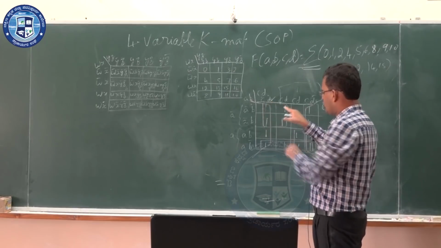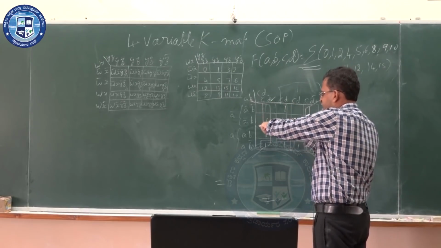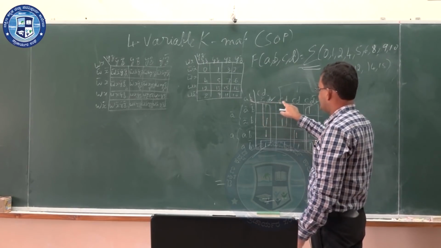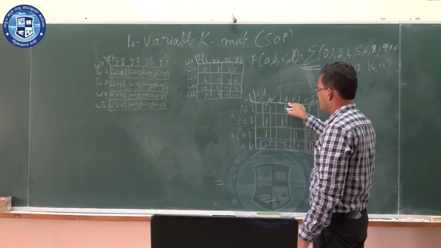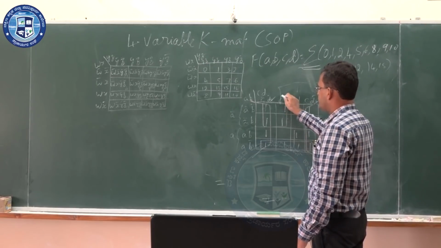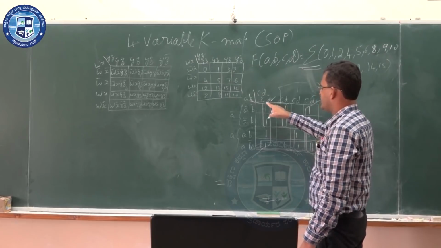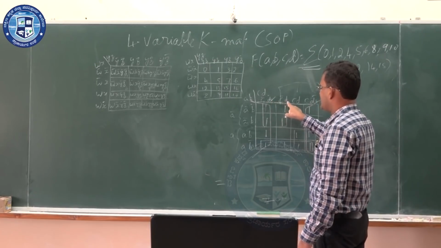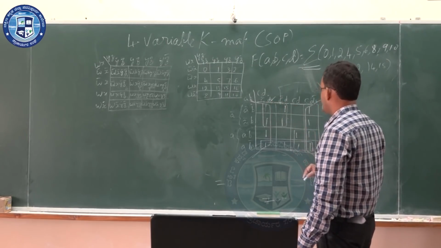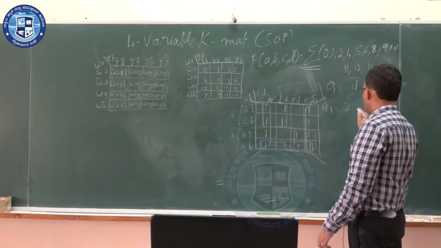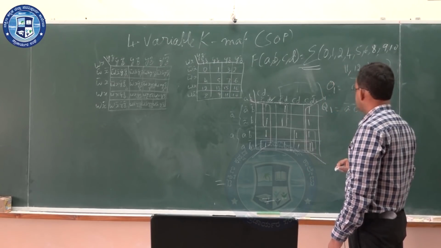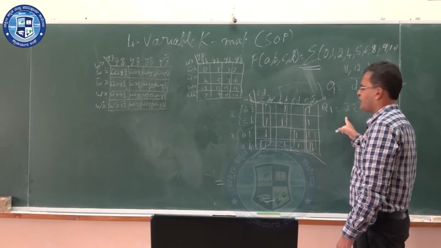Here C bar D bar, C bar D, only these 4, look into only these 4 squares, which is constant? It is C bar. So, this is the answer for quad 1.